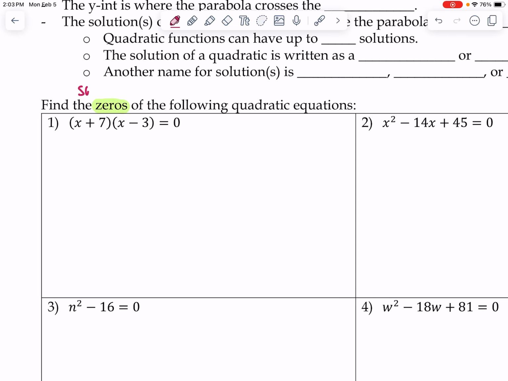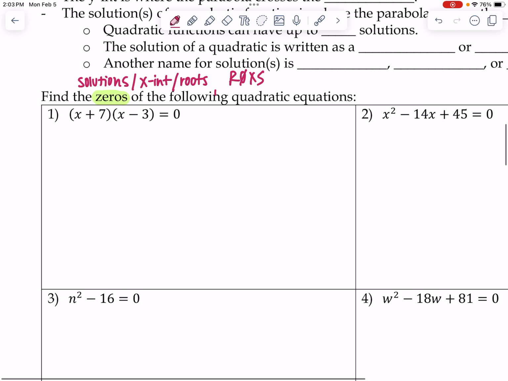Zeros is another name for the solutions, which is also called x-intercepts, which we also call roots. The acronym for this was ROXS, R-O-X-S: roots, zeros, x-intercepts, solutions.